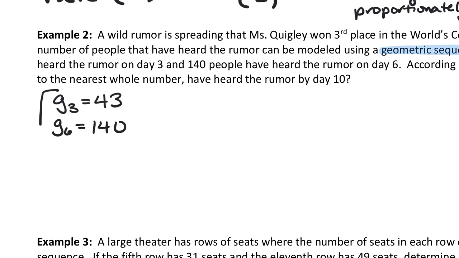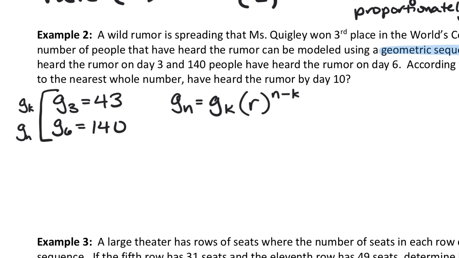What we're going to do is assign these to be g sub k and g sub n in my formula. And because the formula is on the other side of the paper, we're going to write it down. Normally, the formula for a geometric sequence given 2 points is g sub n equal to g sub k times r to the n minus k. This is from the front side.